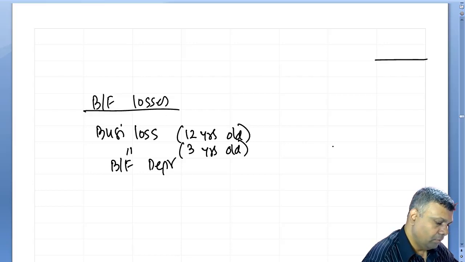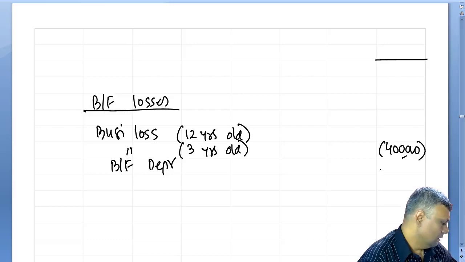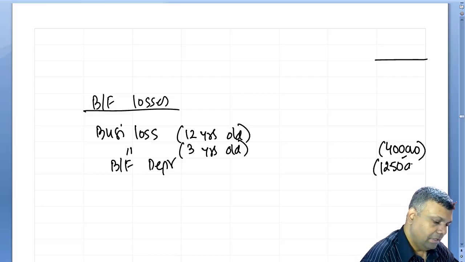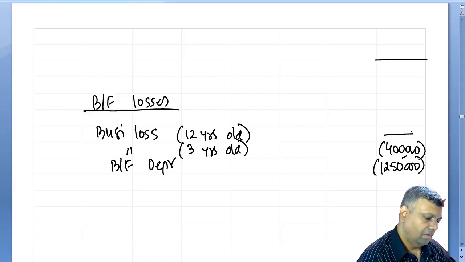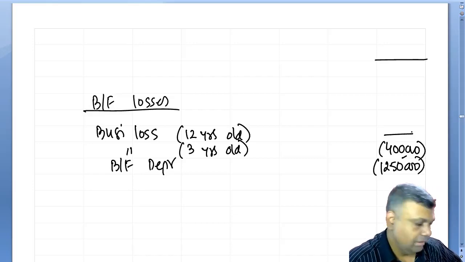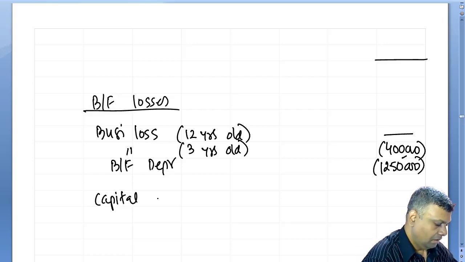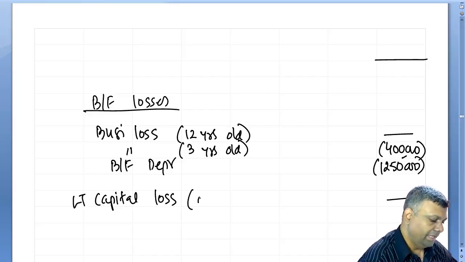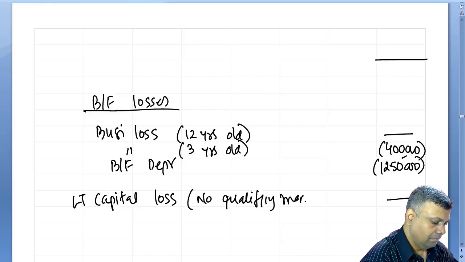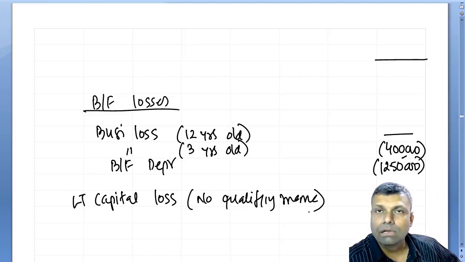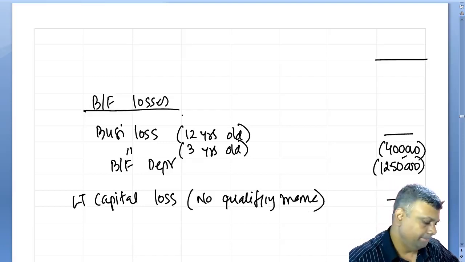So 3 years back was about 4 lakhs. Depreciation is 12,50,000. The 12-years-old amount is gone. Capital loss is already printed as long term, so you cannot do any adjustment. There is no qualifying income in the current year, so nothing is there.